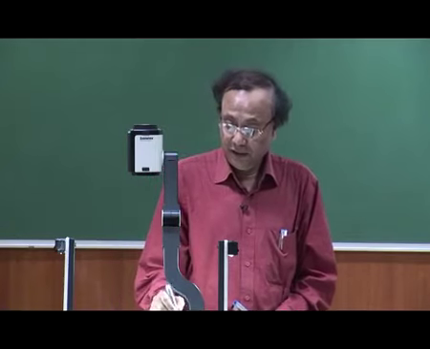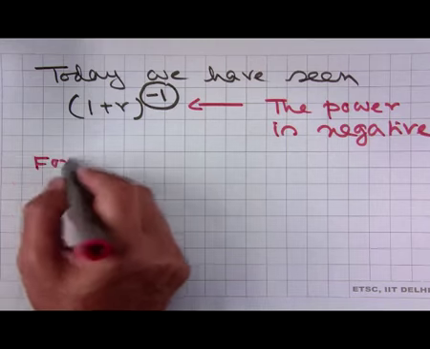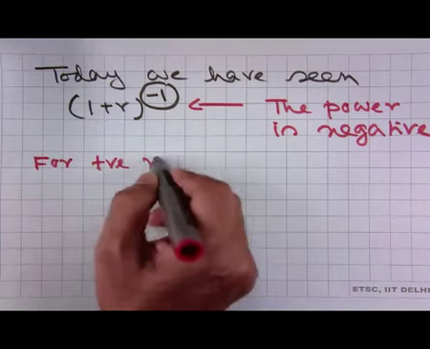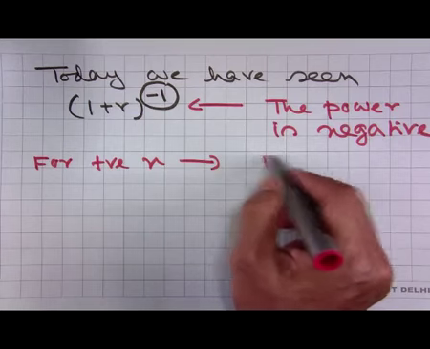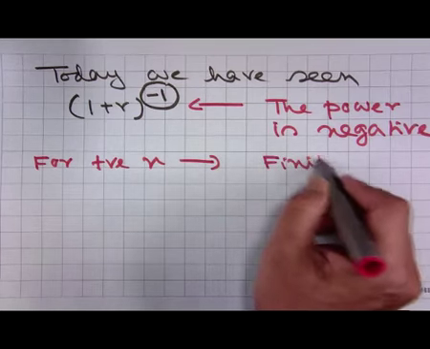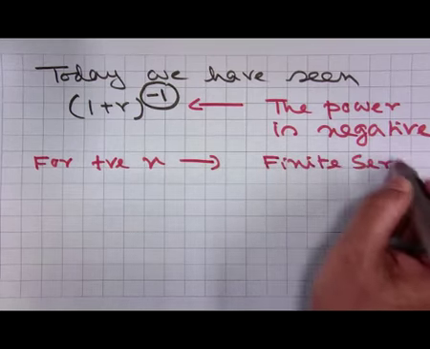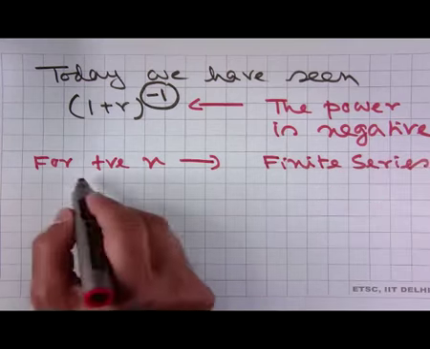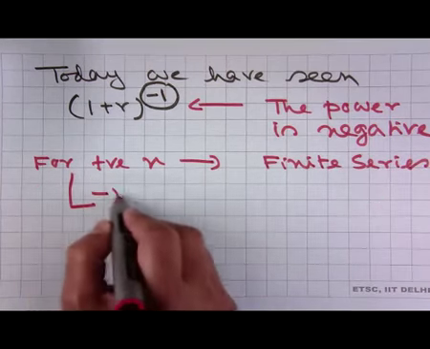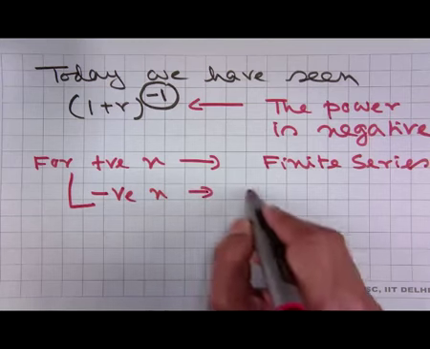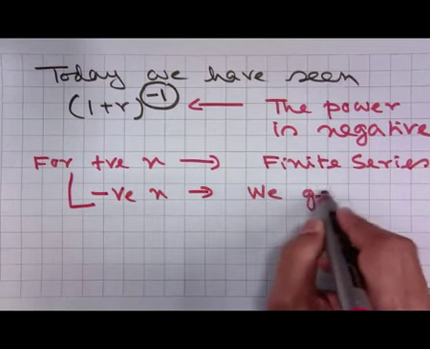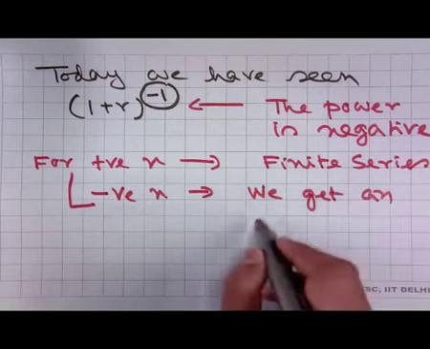We have seen for positive n a finite sum or finite series, but for negative n we get an infinite series.